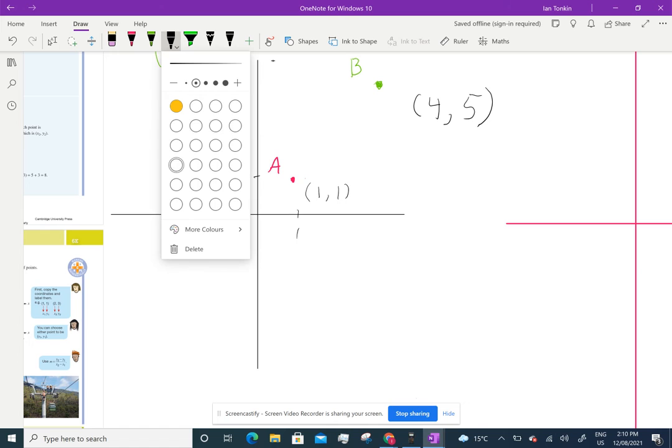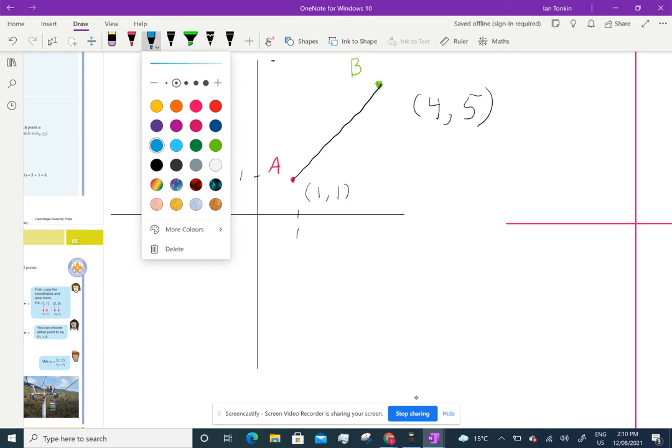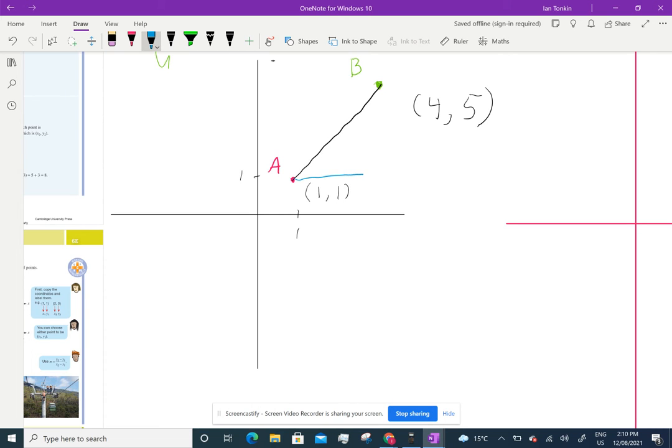If I need to find the gradient of this line, I need to be able to draw a triangle. So let's draw a triangle in here. Now, remember, let's just deal with the going up bit.